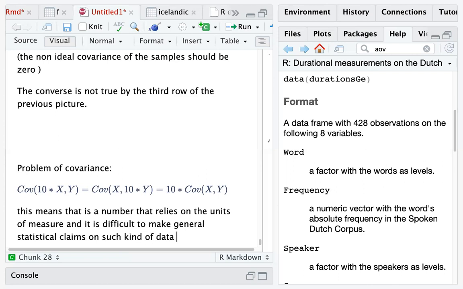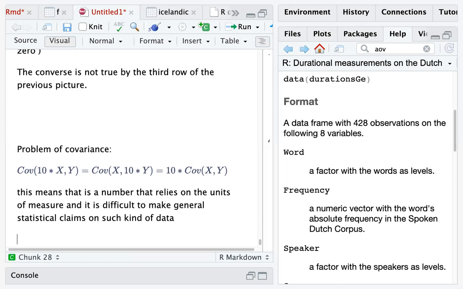In some sense, we should have some normalization, since conclusions cannot depend on the measure. If I measure, I don't know, the height of people in meters, I get one result, and in centimeters another result. So we want to normalize it.